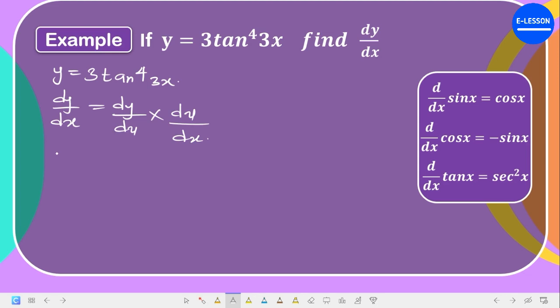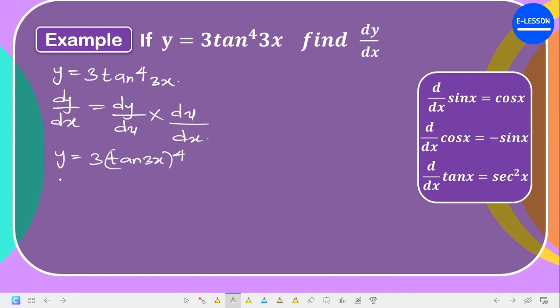Now we say let y be equals to 3 tan 3x raised to the power of 4, because this 4 here means a power outside that multiplied everything here.